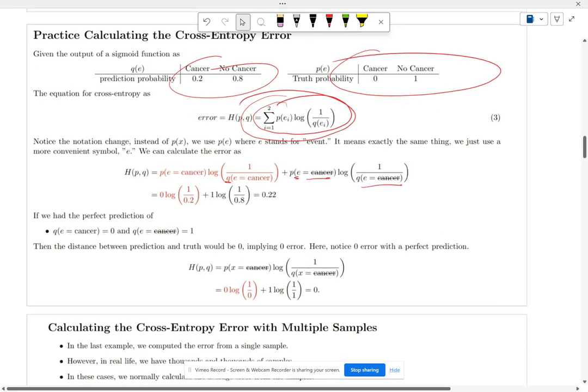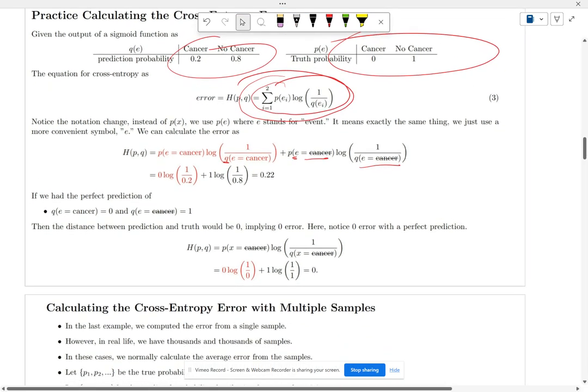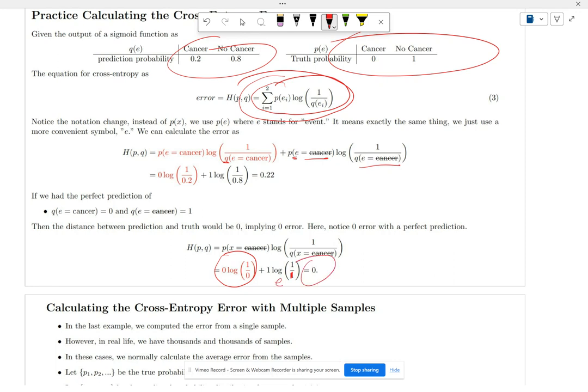So what if we actually made a perfect prediction? Well, if it's a perfect prediction, then this would still be 0, but we would predict 1 here. If we predict the 1 here, 1 over 1 is 1, right? Therefore, e to the 0 is equal to 1. Therefore, our error is 0.